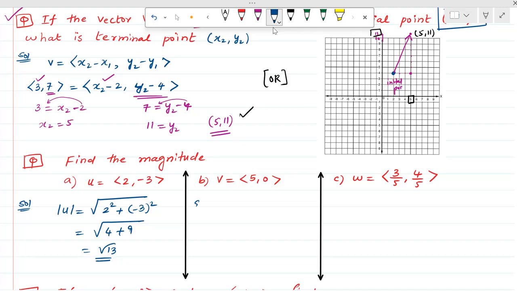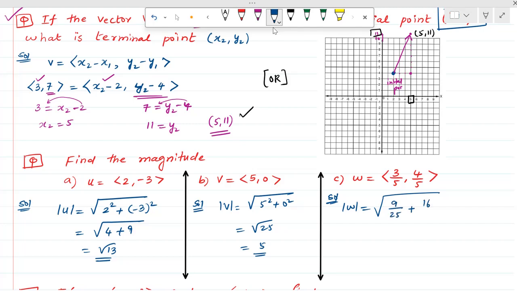The next one, v is equal to the square root of 5 squared plus 0 squared, 25, and taking the root you will get 5. Then you will have a fraction here. The same story we will repeat. The magnitude of the w vector is given by 9 over 25 plus 16 over 25. So if you add, it becomes 25 over 25, which is equal to 1.